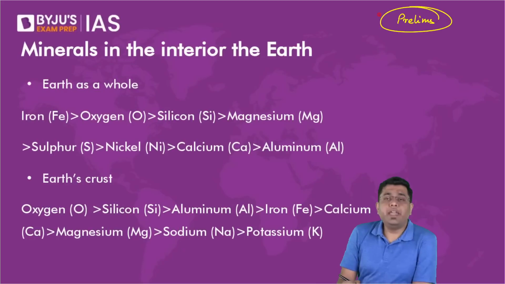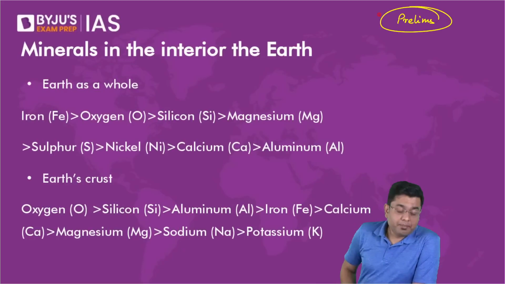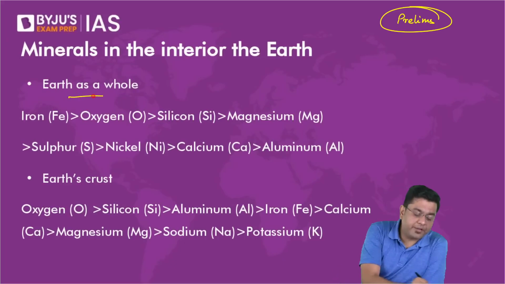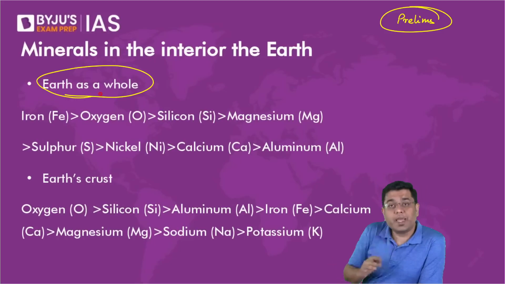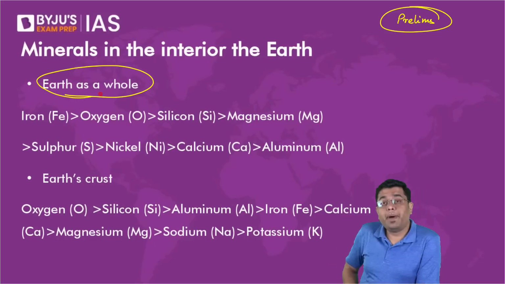So here, when you take a look at minerals in the interior of the earth, whenever you consider earth as a whole object, iron is the most abundant element, followed by oxygen. And we are not talking about atmosphere here, we are talking about the earth. How is it that oxygen is so abundant? Oxygen, after all, is a gas.